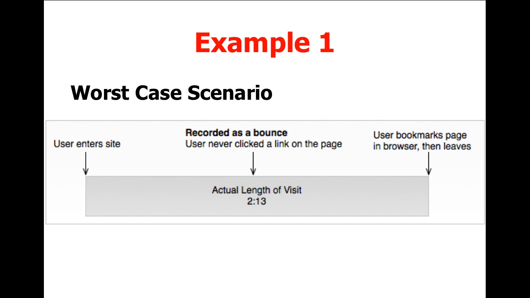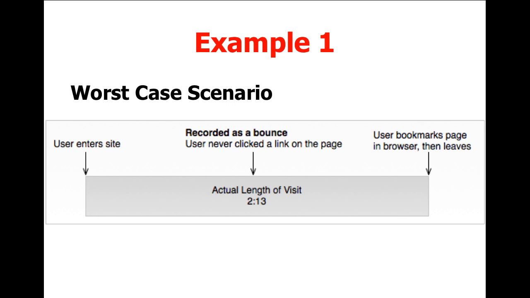If we look at this first example, which I like to call the worst case scenario, a user enters your site and spends over 2 minutes reading something, and then leaves the page without visiting any further pages. So they only visit one page and read that for 2 minutes.